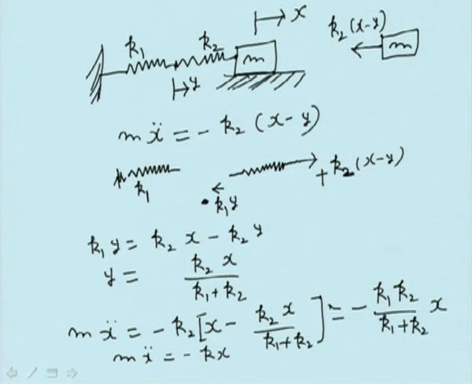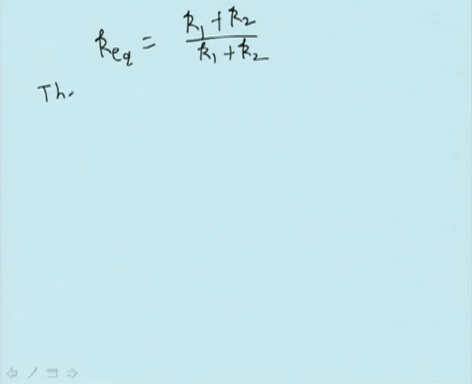So therefore we see that in this case the equivalent k comes out to be k1 k2 divided by k1 plus k2. Therefore, one by k equivalent is equal to 1 by k1 plus 1 by k2.